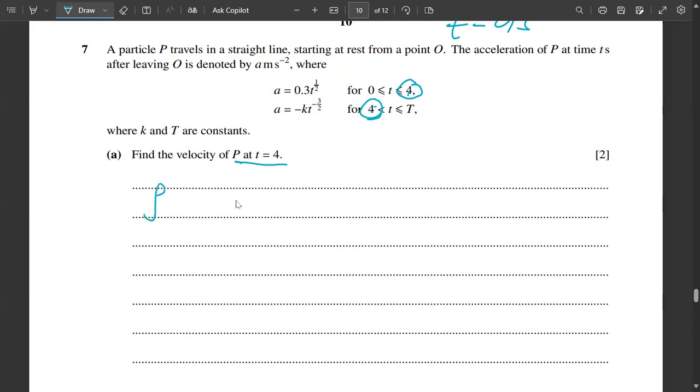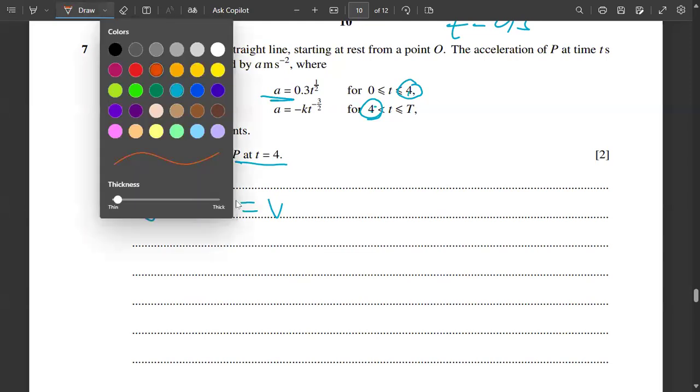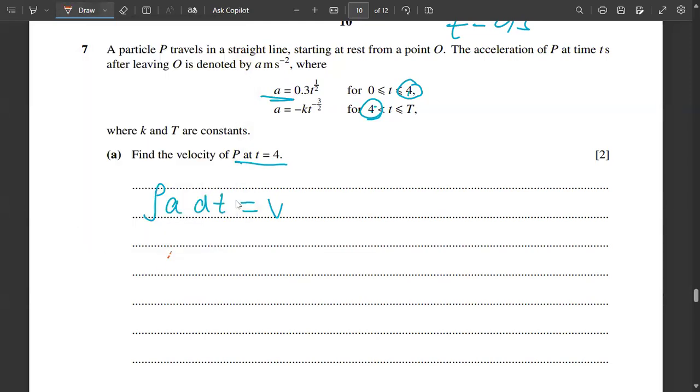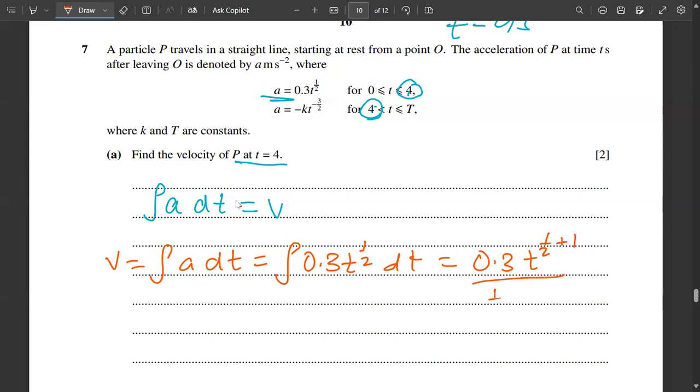So we all know integration of acceleration is velocity. So let's integrate the acceleration here. The integration of acceleration will be the integration of 0.3 t raised to 1 by 2 dt, which is velocity, which will equal 0.3 t raised to (1 by 2 plus 1) upon (1 by 2 plus 1).